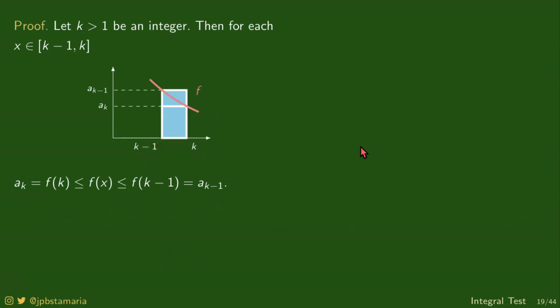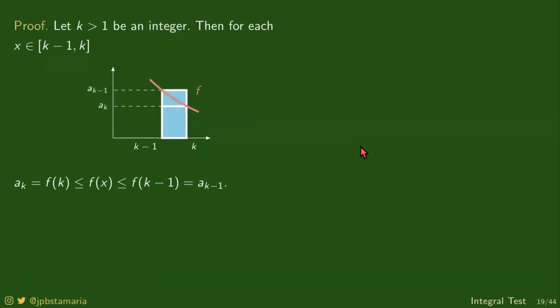Alright. Kapag kumuha ko ng x, nasa ni x? If I take an x anywhere between k minus 1 and k, anong masasabi nyo sa tatlong numbers na to? Ito yung f of k minus 1, ito yung f of x, ito yung f of k. Because the function f is decreasing, sinong pinakamalaki?